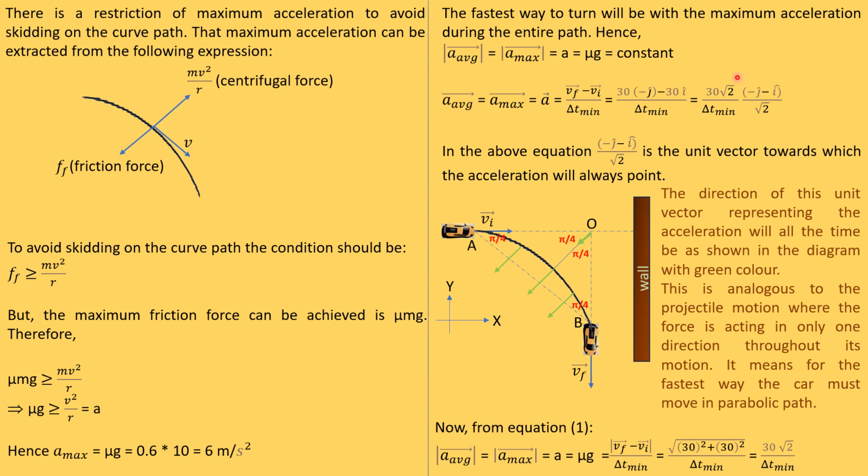So this will be the magnitude of the A average, and this will be the unit vector. In this direction the acceleration of the car should work, and its magnitude should be the same throughout. And what is this direction? If you go with the vector, you can see that the green arrow will be its direction, that unit vector direction.